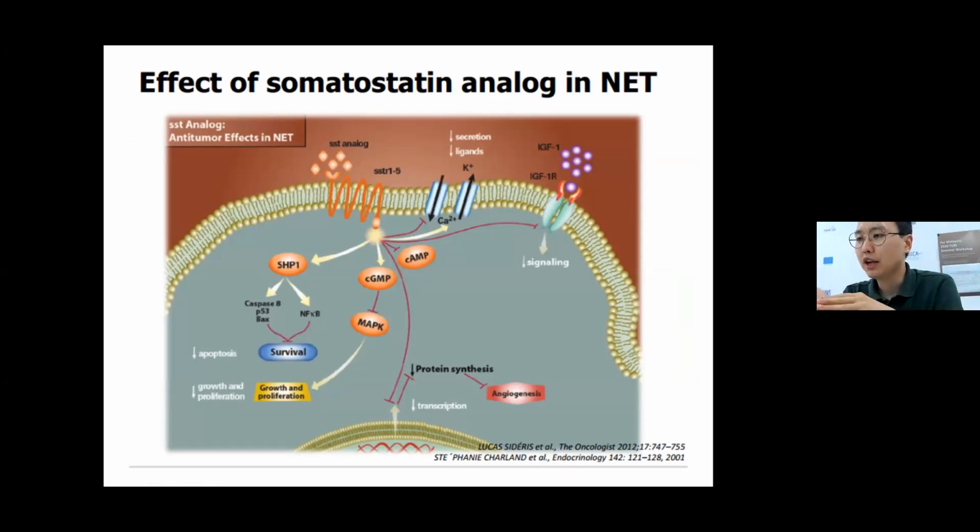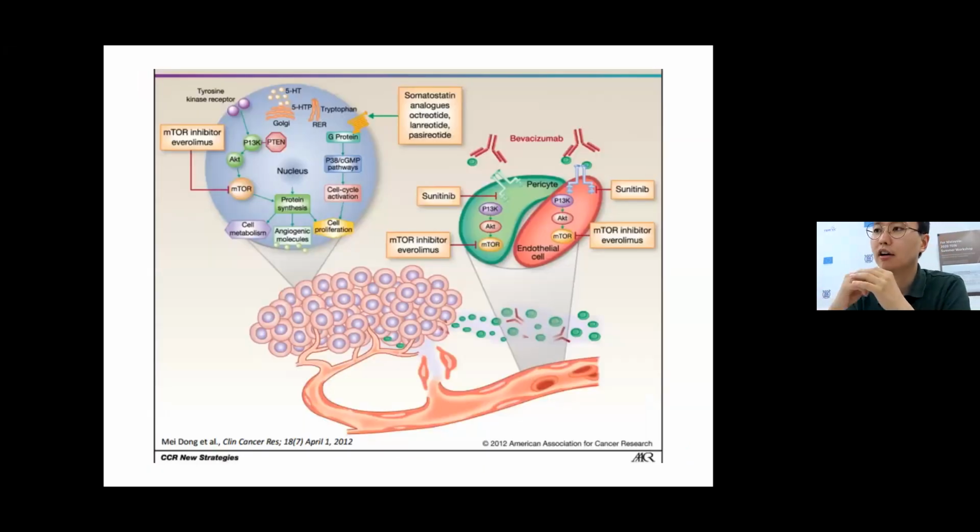It also decreases the signaling and secretion of these neuroendocrine tumor cells. So it can control the disease, and also control the symptoms of the patient.